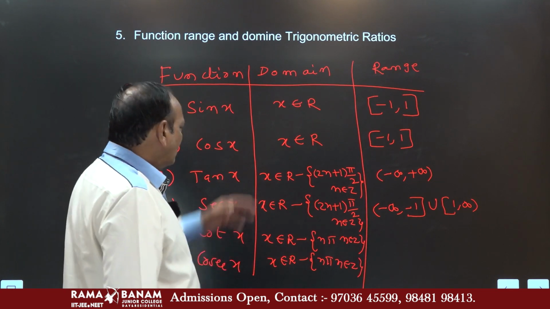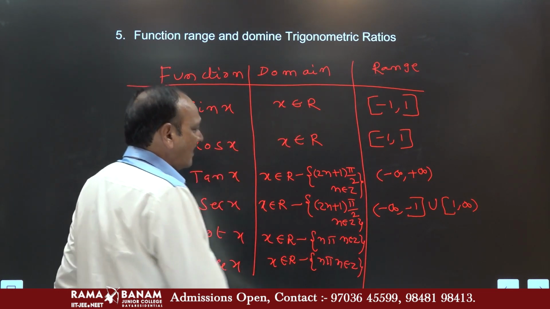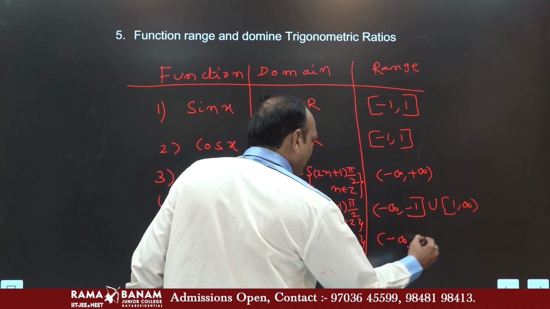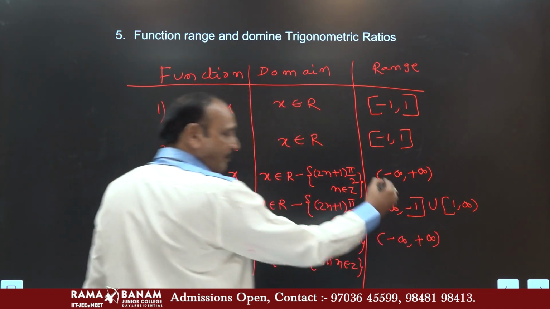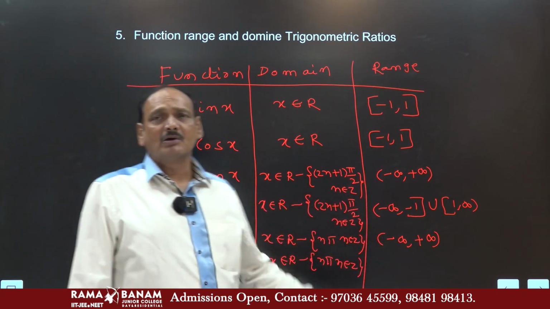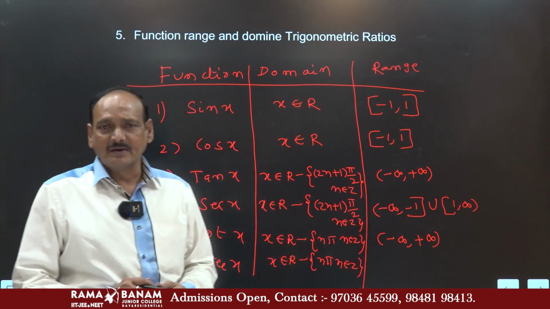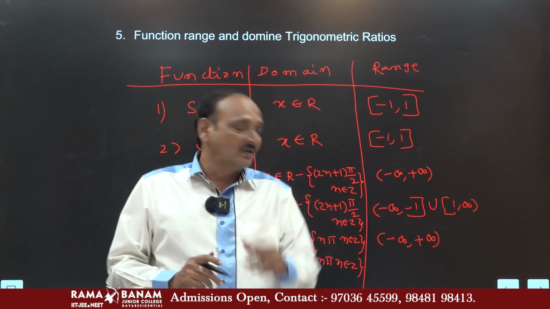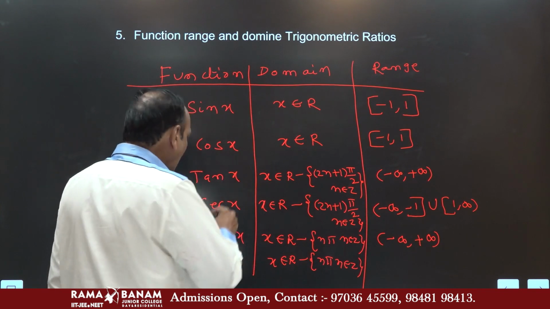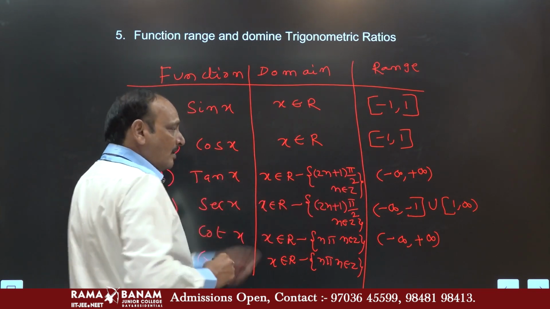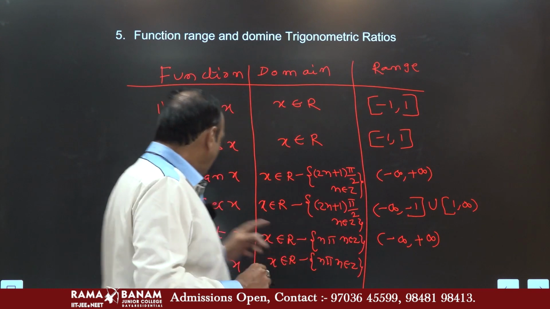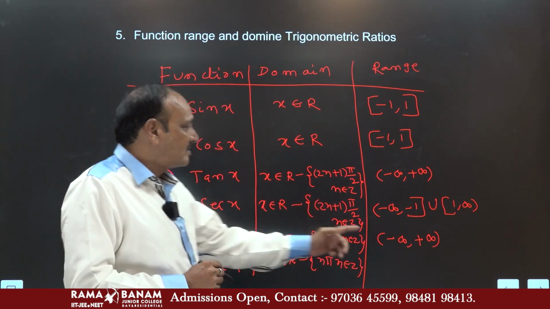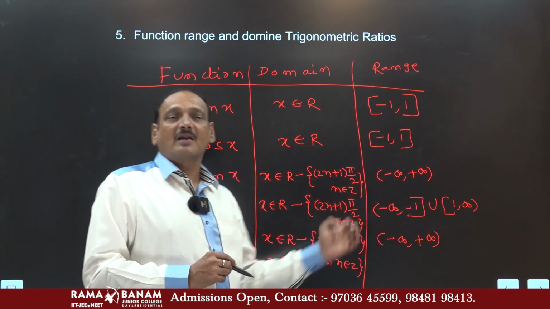Again, the range of tan x and cot x will be the same, minus infinity to plus infinity in open interval, because it is not equal to infinity and not equal to minus infinity, the value lies in between minus infinity and plus infinity. Similarly, the range of cosecant x and secant x will be the same, because I showed in the graphs that the value of cosecant x is greater than or equal to 1 or less than or equal to minus 1.